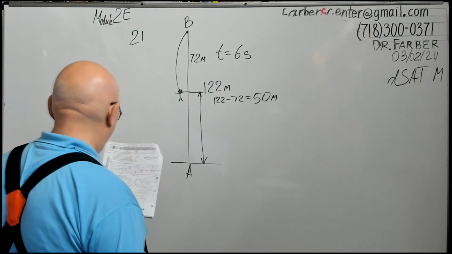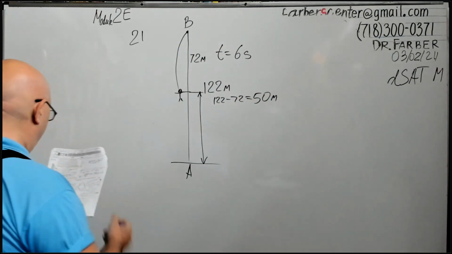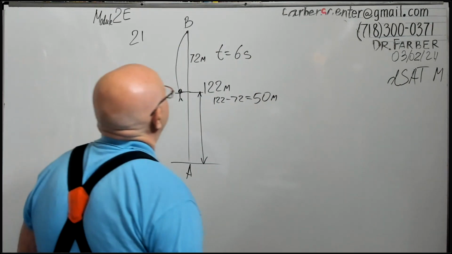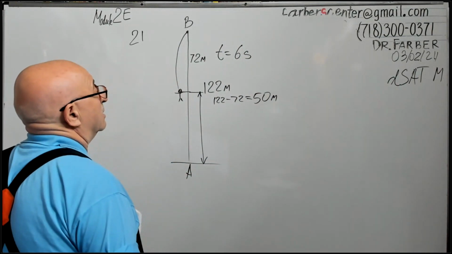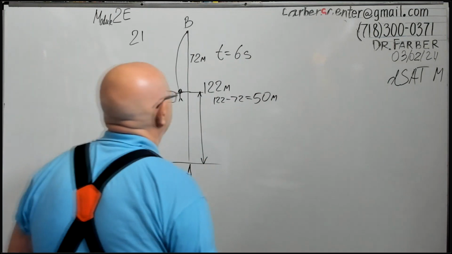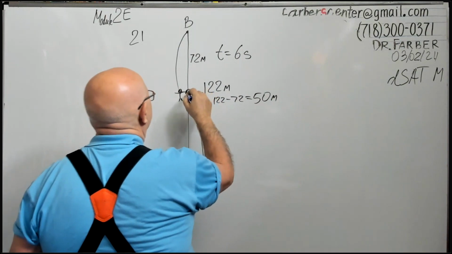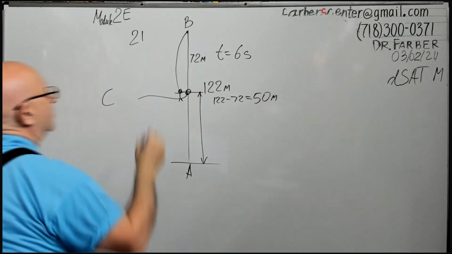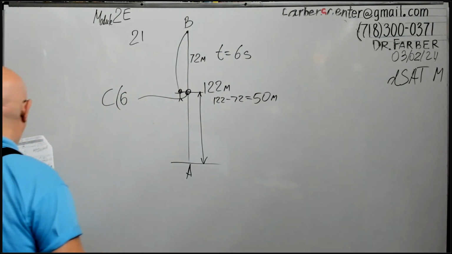Okay. And since you understand this one, you can expand this in two-dimensional Cartesian coordinates. Let's say this point C, for 6 seconds, right, for 6 seconds.